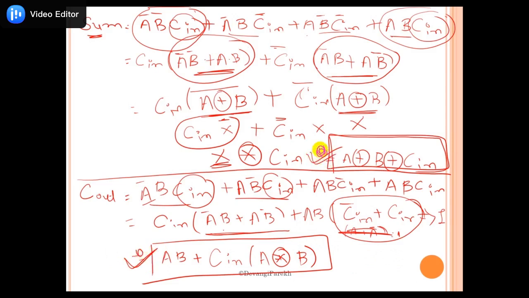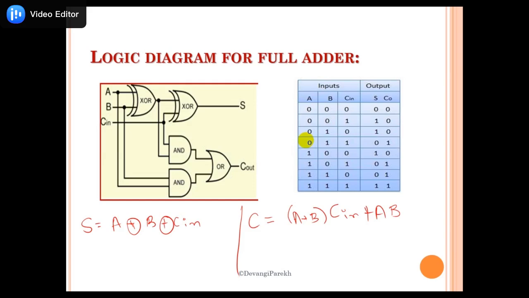From this Boolean expression, now we are going to draw the logical diagram for the full adder. To draw this diagram, firstly we identified the inputs and outputs. From the inputs and outputs, I drew the truth table.